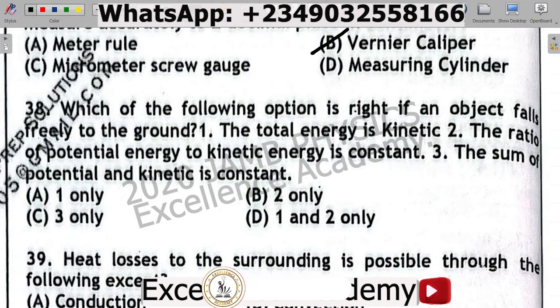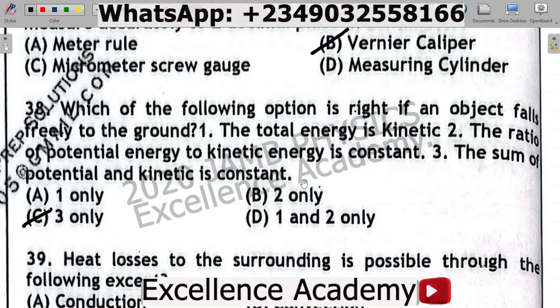Now for this question, the correct answer is 3 only, all right? You want to note that when an object falls freely to the ground, provided that air resistance is neglected, the sum of the potential and kinetic energy is always constant, okay? It is important to note that in a free fall, the gravitational potential energy decreases as the object moves downward.